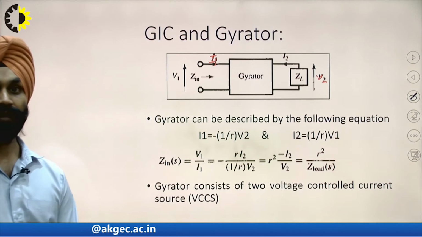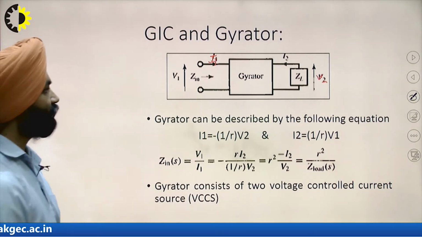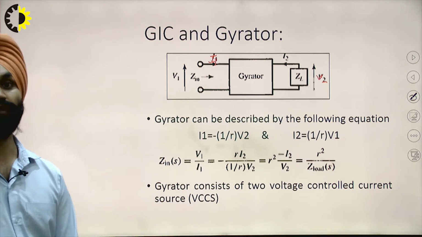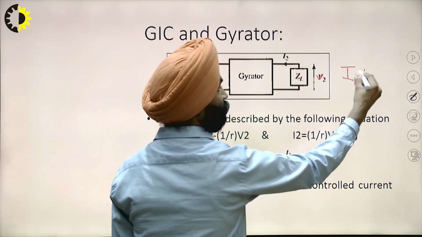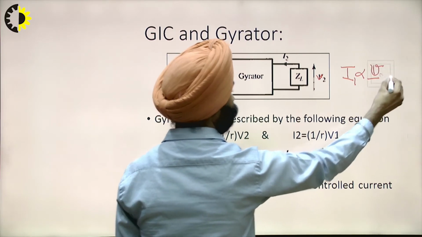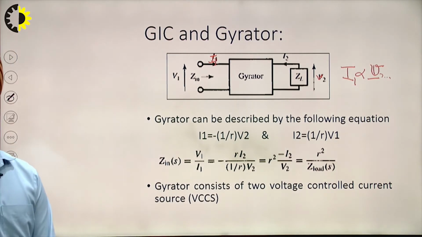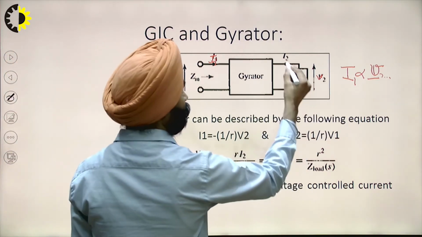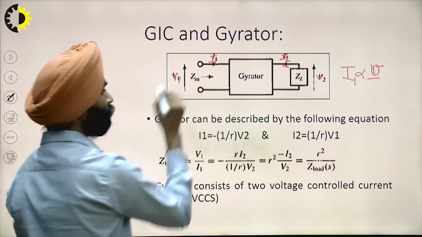So we can say that the gyrator can be described as a device whose input current is proportional to the output voltage. That means I1 is proportional to the voltage V2.